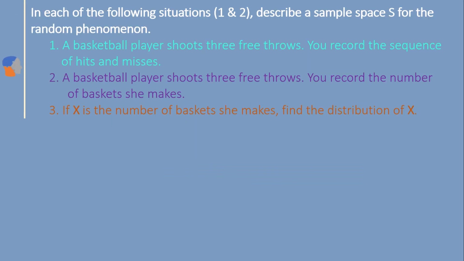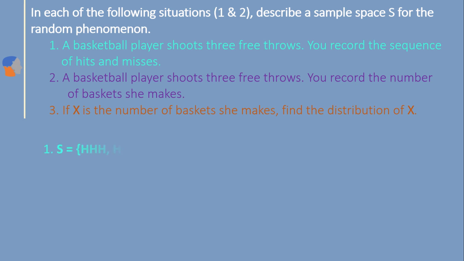Go to the next example. In each of the following situations 1 and 2, describe a sample space S for the random phenomenon. First one: a basketball player shoots 3 free throws. You record the sequence of hits and misses. So what is the sample space? Here we record hits and misses, and he tried 3 times.